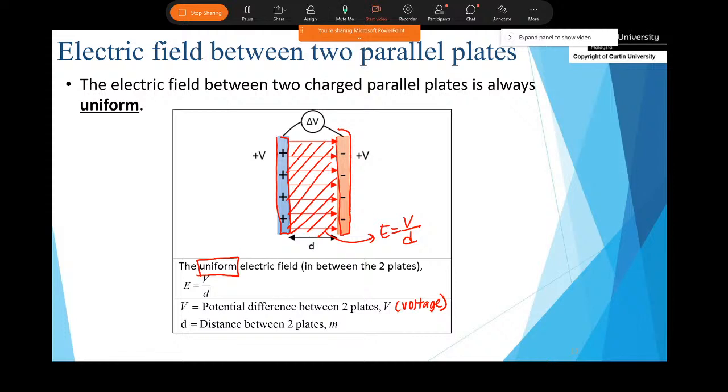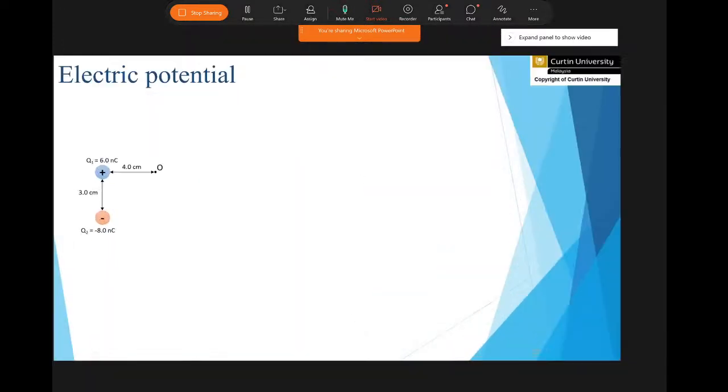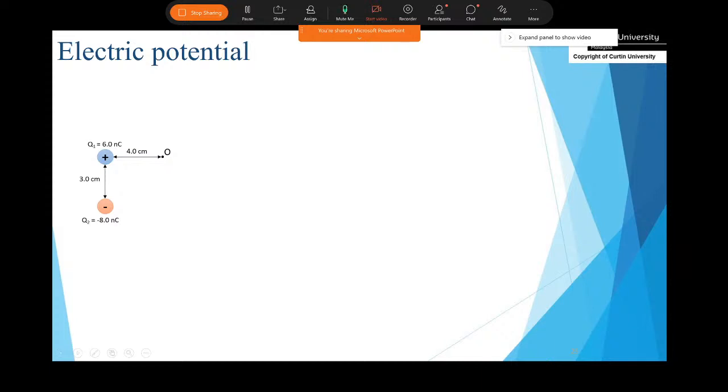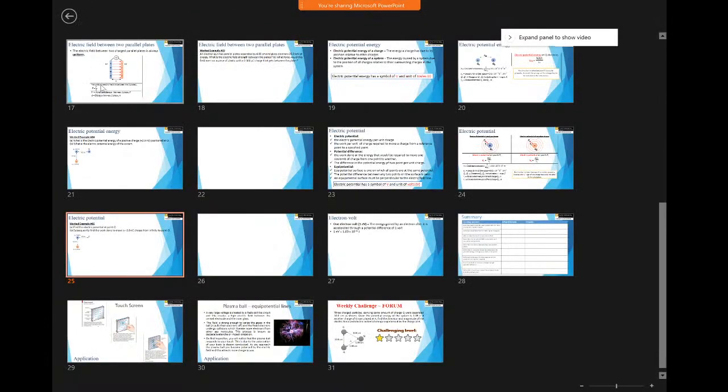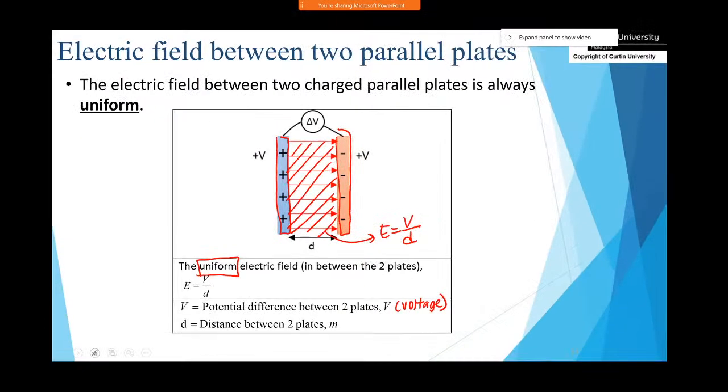So the electric field at this point and at this point, at any point in between the two plates, they are the same. E1, E2, E3, E4, E5.